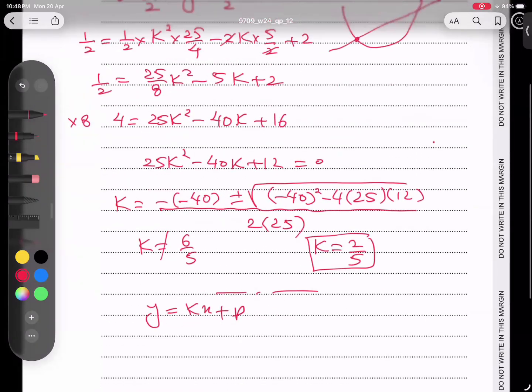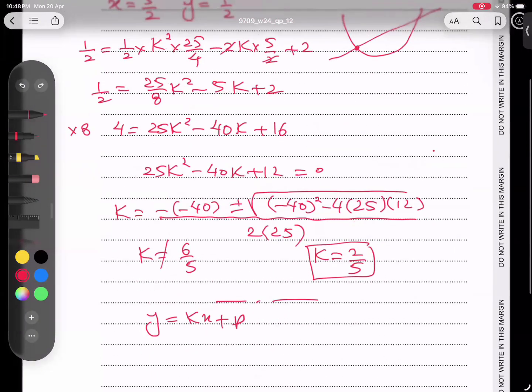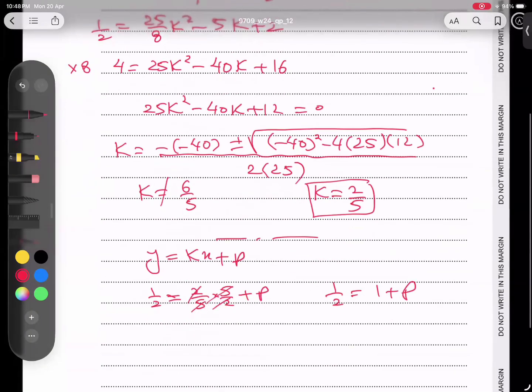So y value is a half, and x is 5 by 2, and k value is 2 over 5. And you can see here, this cancels out, this cancels. Half is equal to 1 plus p. It goes there, half minus 1 equal to p. And finally, I got p equal to negative half.